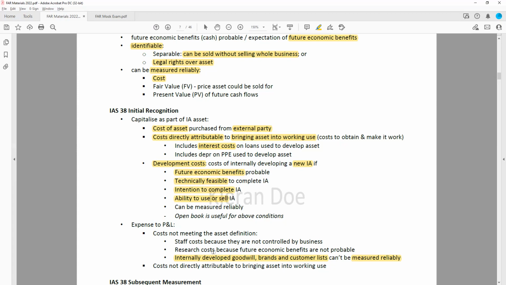So they'd be expensed to the P&L when it's just research costs, because it wouldn't be probable that there'd be future economic benefits, and it might not be technically feasible to complete it. But once they can see that it is actually feasible to turn this into a new iPhone that will sell at a profit, that it's possible to do it, because that's what our tech teams have said, we intend to complete it.